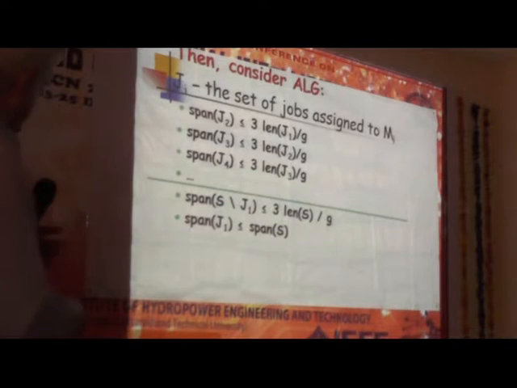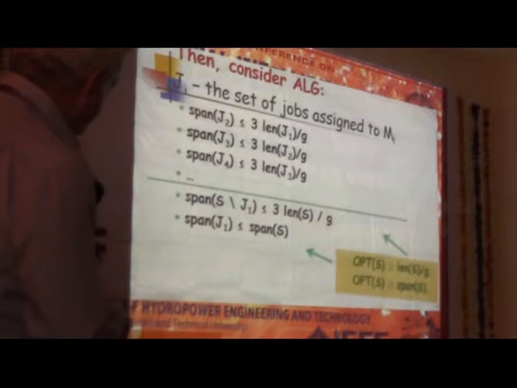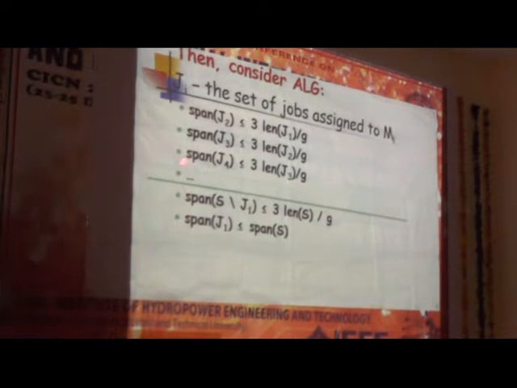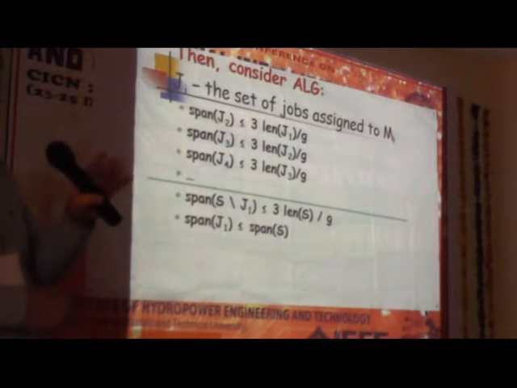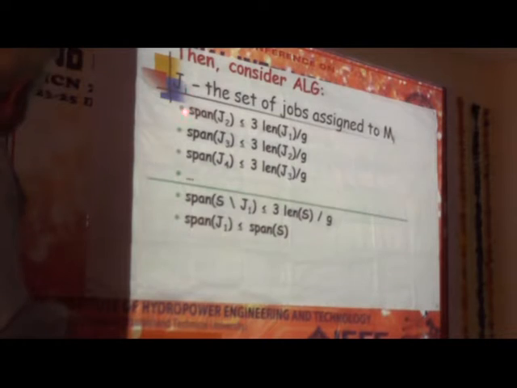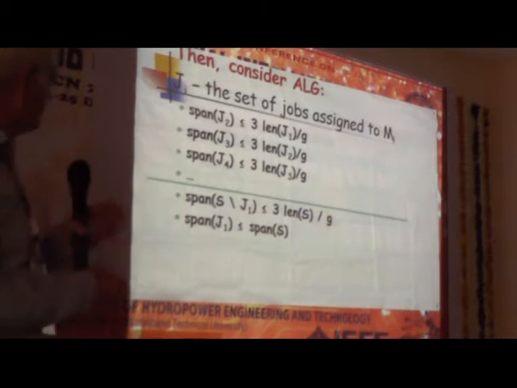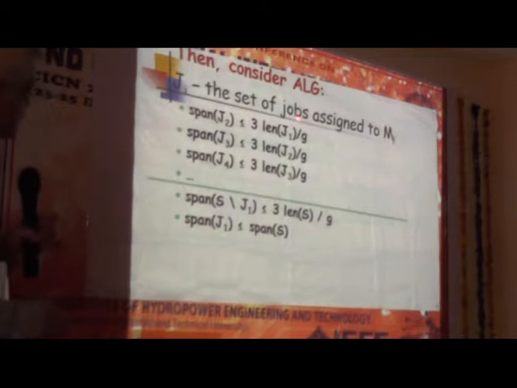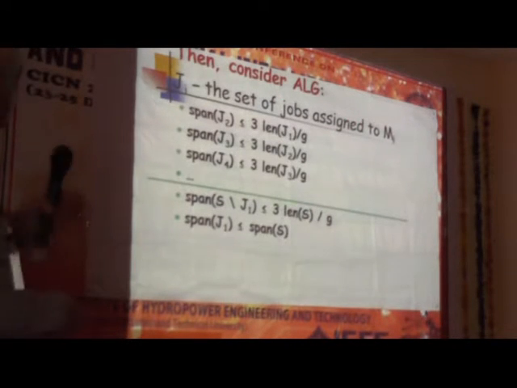Now, with this in mind, here comes the main trick of the proof. Try to prove it, it's a very difficult thing. Suppose I took the algorithm, and Ji is the set of jobs assigned to machine i.